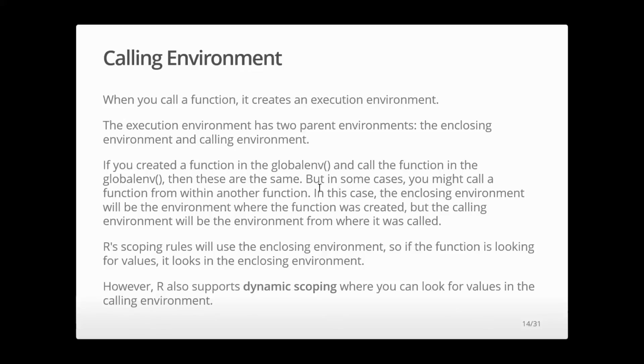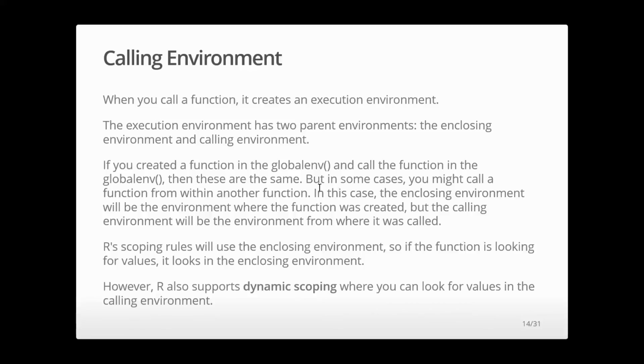The normal parent is the enclosing environment, which in this case would be the global environment. But because g was called from inside f, it also has a calling environment, and the calling environment this time is the environment where f resides. It would actually be the execution environment of f, because g was called from that execution environment when f was running. Does that make sense?